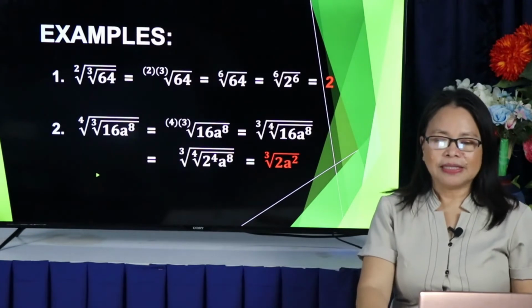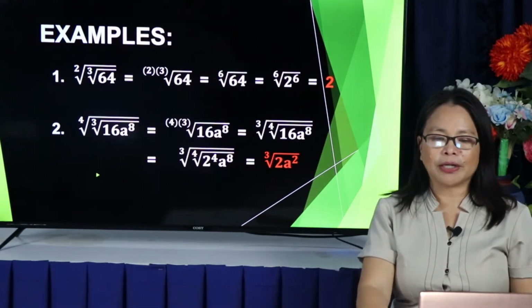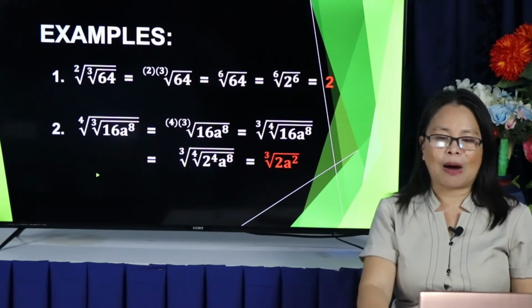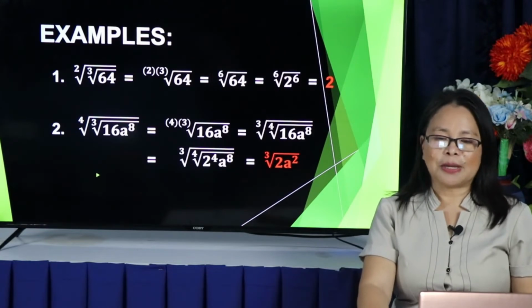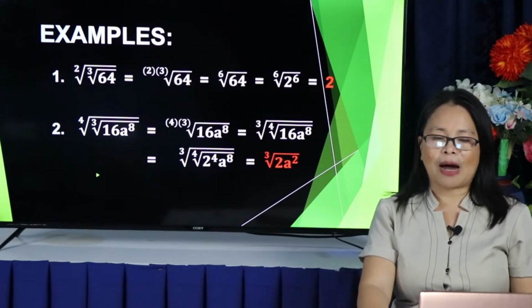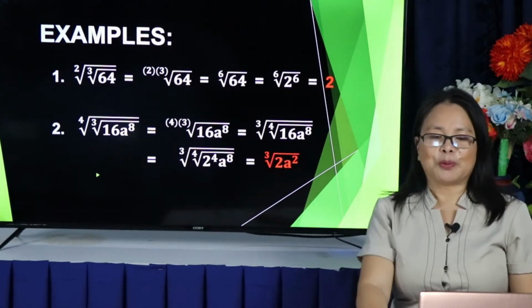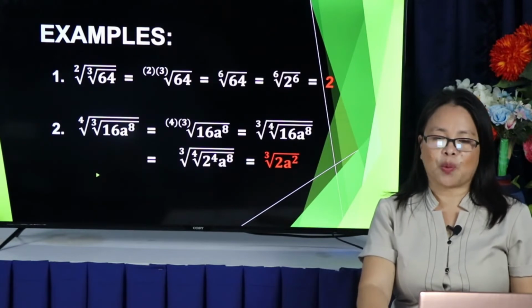So we have the cube root of the 4th root of 16a to the power of 8, which is equal to the cube root of the 4th root of 2 raised to the 4th power, a to the power of 8. So the simplified form of the 4th root of the cube root of 16a raised to the power of 8 is the cube root of 2a squared.